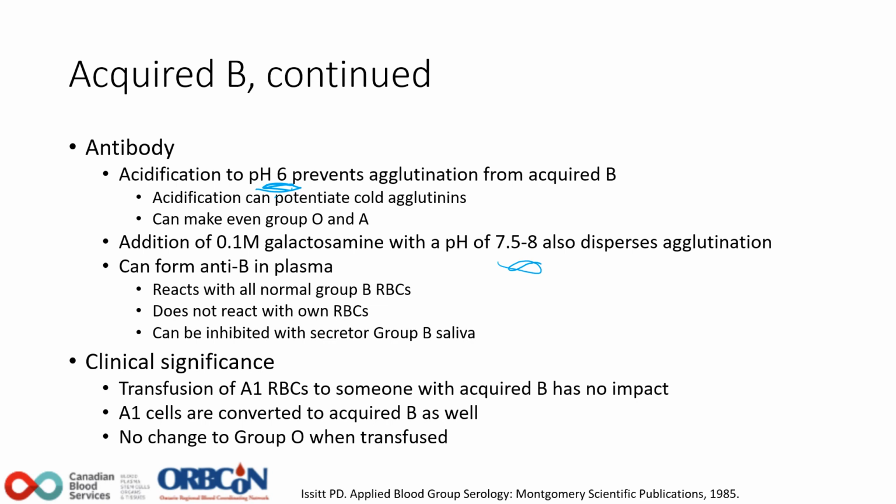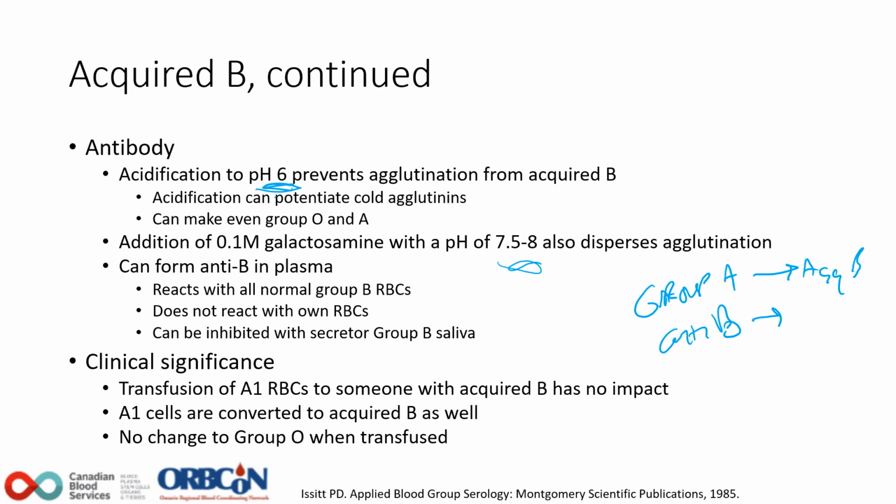Now, you should have an anti-B in your plasma if you're group A, and it reacts with all normal group B red blood cells. It does not react with your own red blood cells, and it can be inhibited with group B saliva. So if you're group A, you then become an acquired B. You already have an anti-B in your plasma, right?